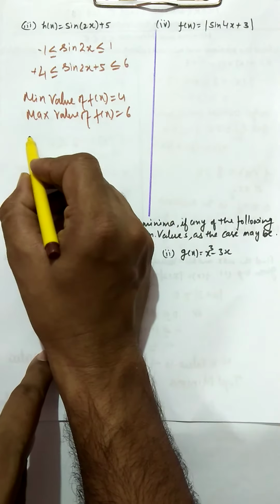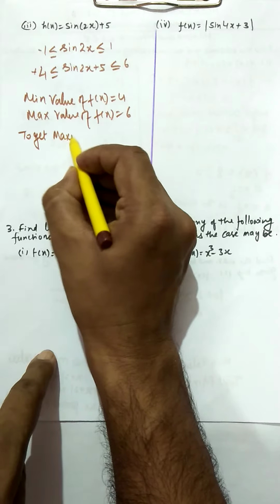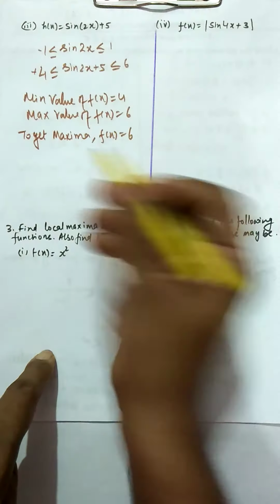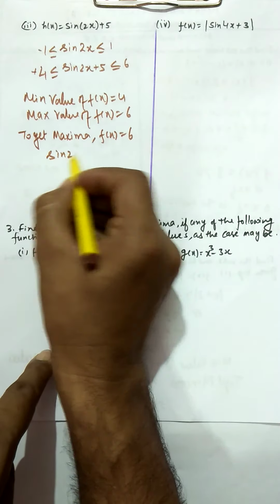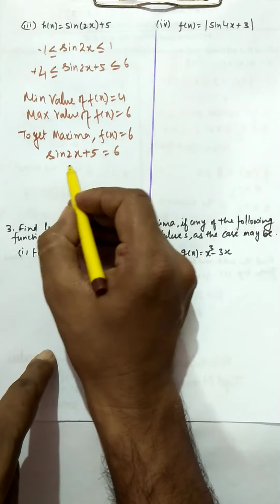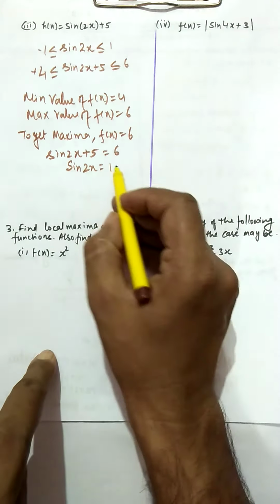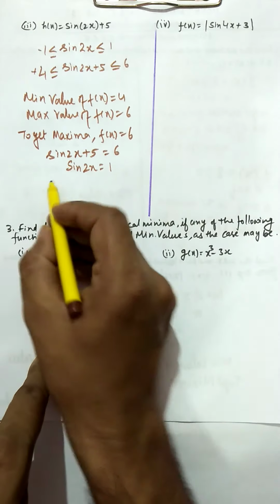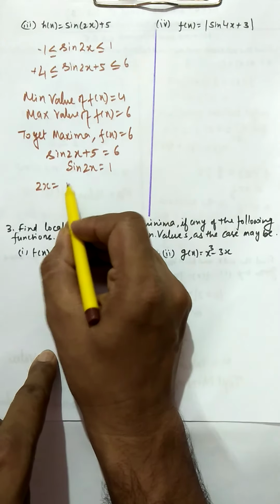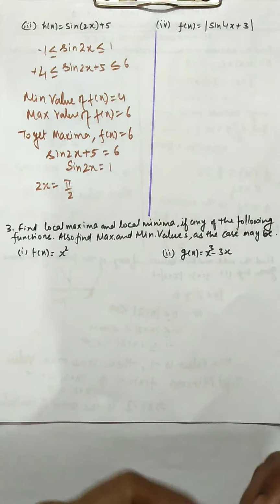So to get maxima, put f(x) equal to 6. So f(x) is sin 2x + 5 and this is 6. So sin 2x is going to be 1, and you know that sin 2x is 1. So what is the minimum value that x can have? 2x = pi/2. This is the first value, it can have an infinite number of values.